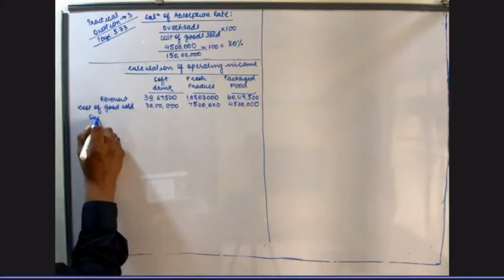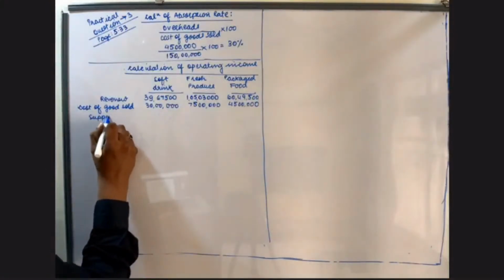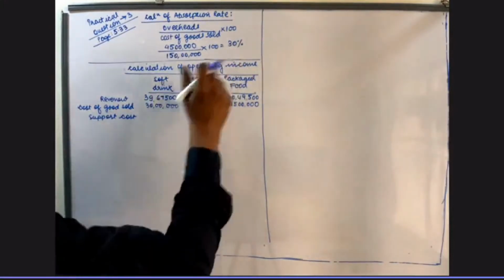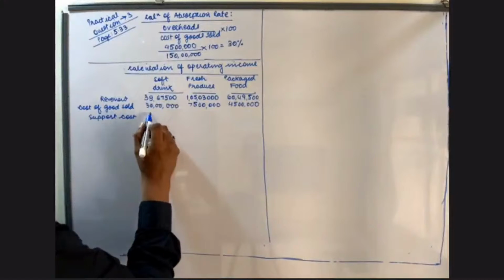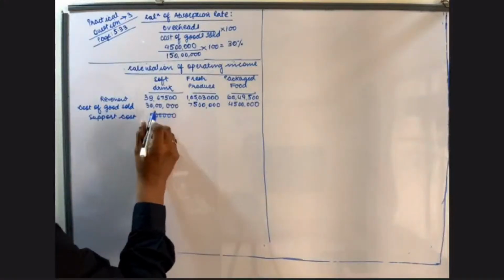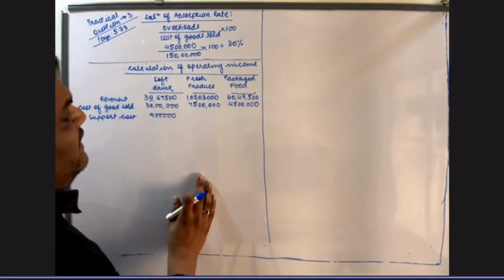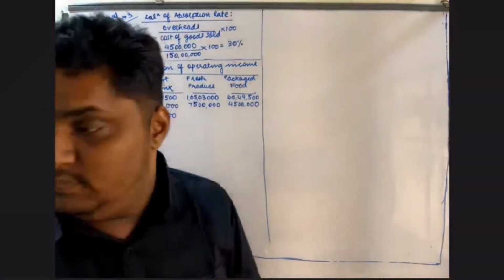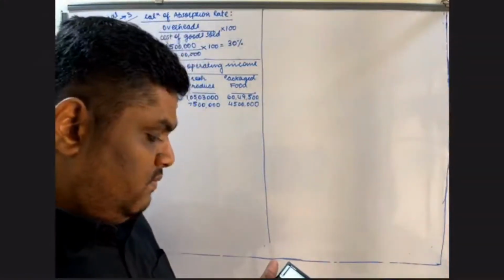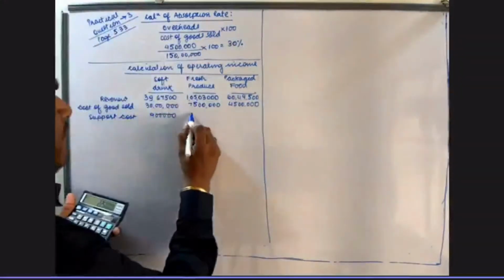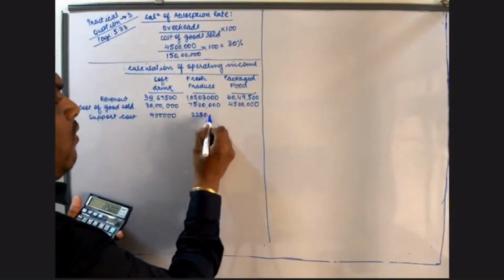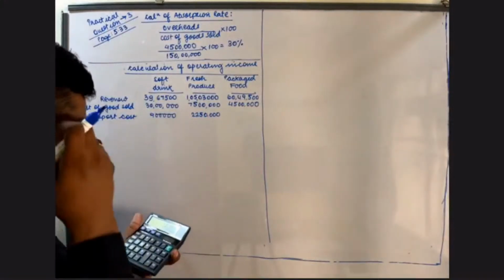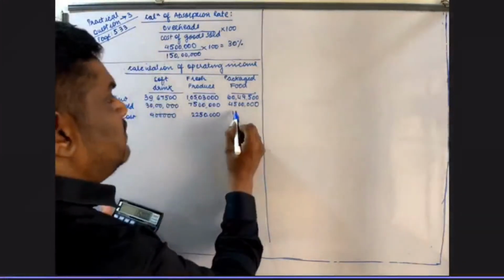Further, we will calculate the support cost, and that is 30% of cost of goods sold. So 30 lakh into 30%, that is 9 lakh. So this is 22,50,000. 13,50,000.